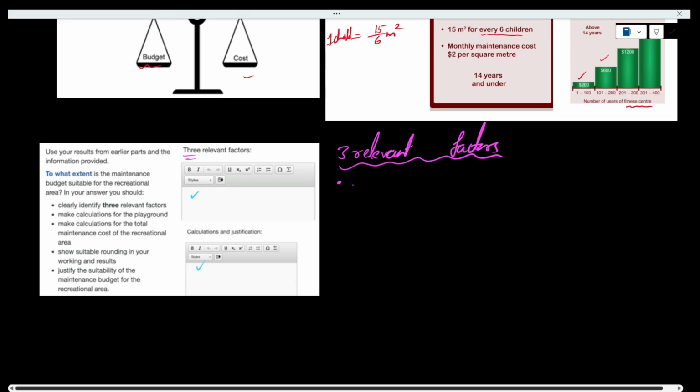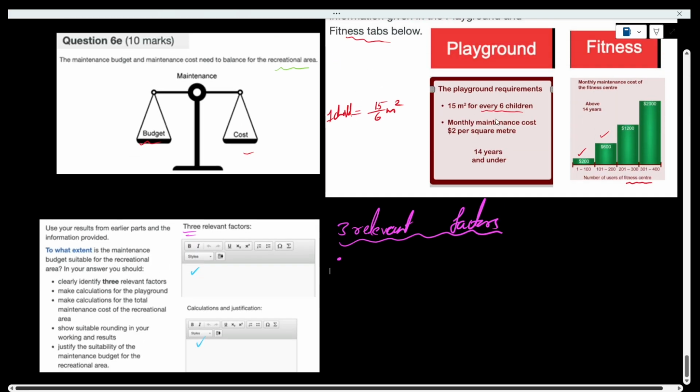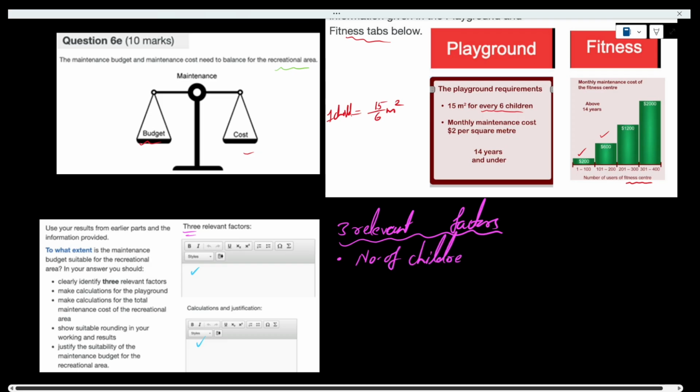So what can be the first factor here? You know that the number of children, definitely, how many children are using the playground, that matters. The area is also given here.